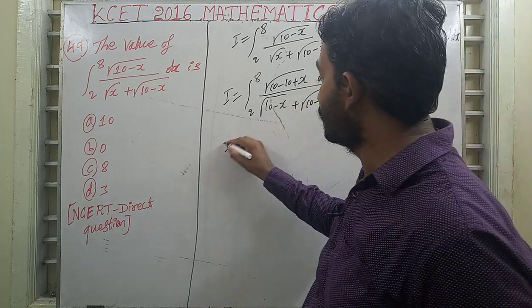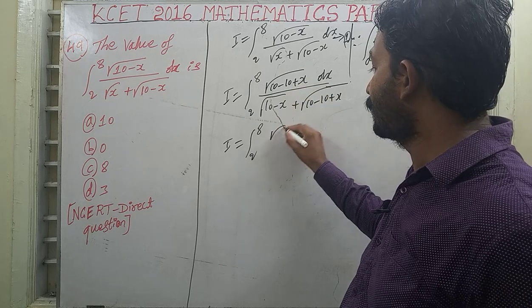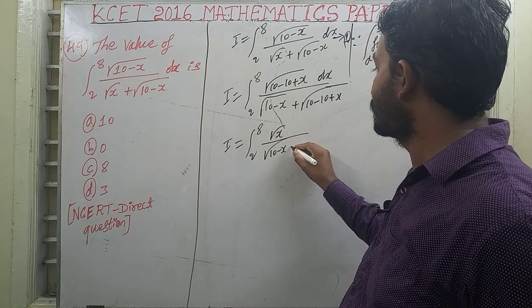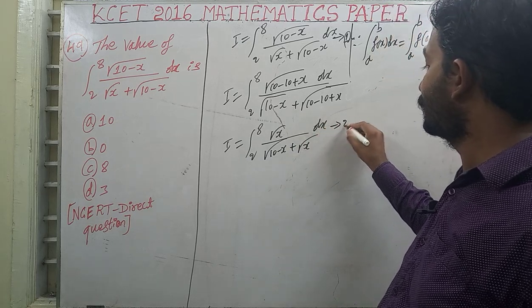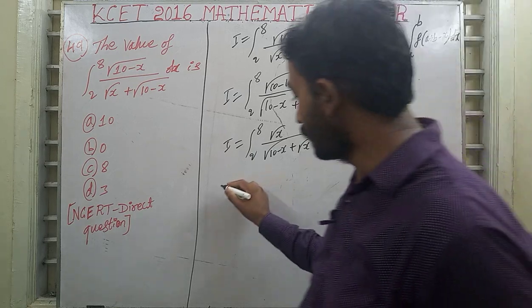So now simplify this. 2 to 8, 10 cancel, root x divided by square root of 10 minus x plus root x dx. This is equation 2. So add equation 1 and 2.